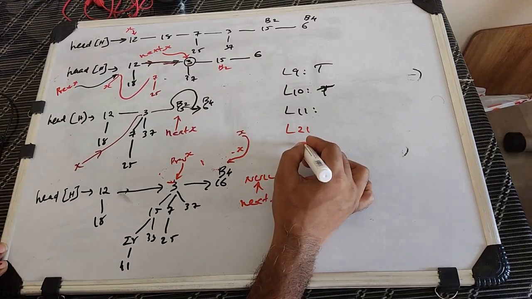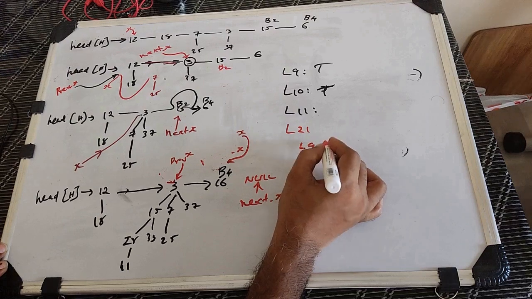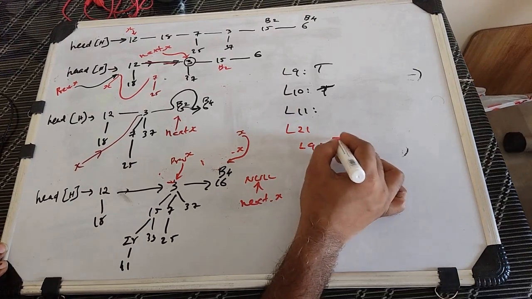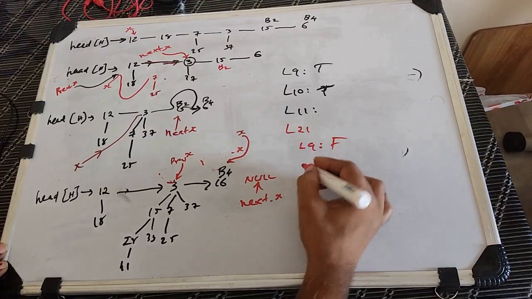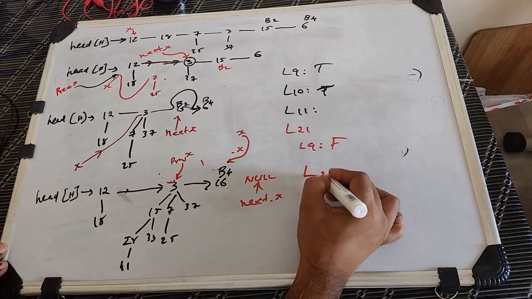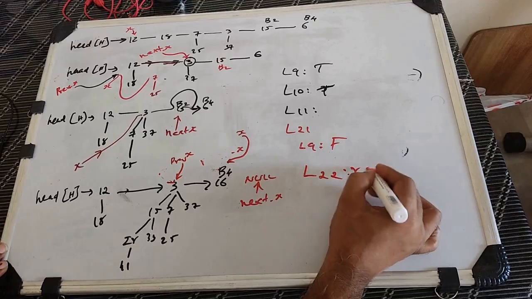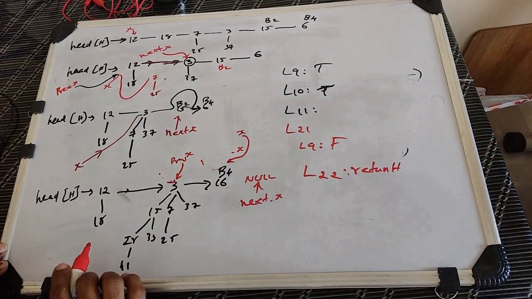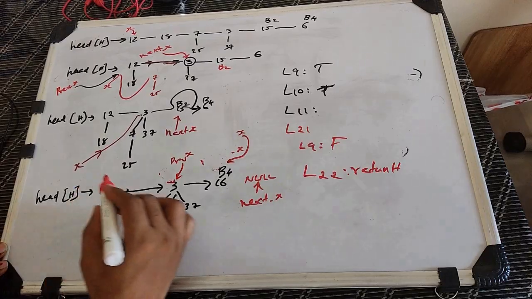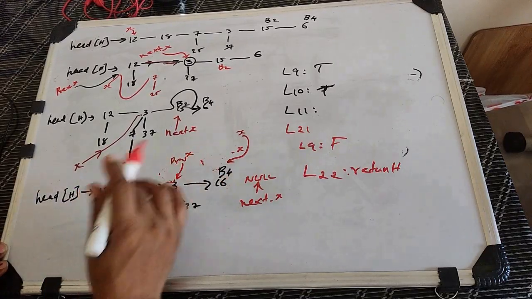Then again we are on line number 9. It is false. Then we are on line number 22. It returns H. H is the standard heap.